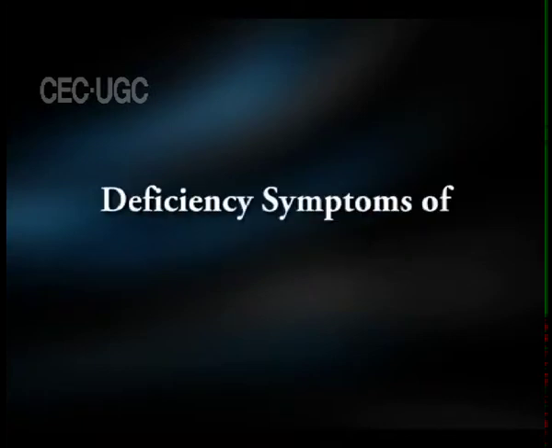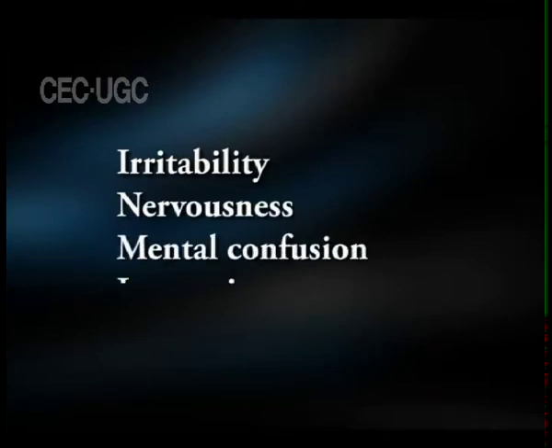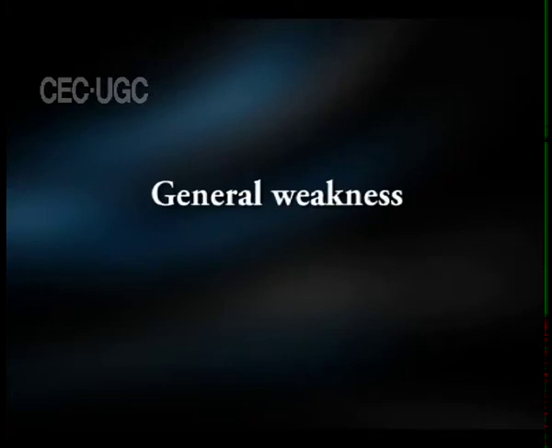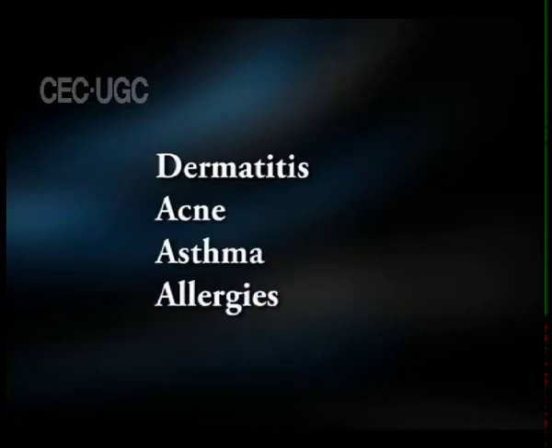Deficiency symptoms of vitamin B6. Deficiency of vitamin B6 is associated with neurological symptoms such as irritability, nervousness, mental confusion, and insomnia, as well as general weakness. Skin changes such as dermatitis and acne, as well as asthma and allergies might develop when pyridoxine is in short supply.